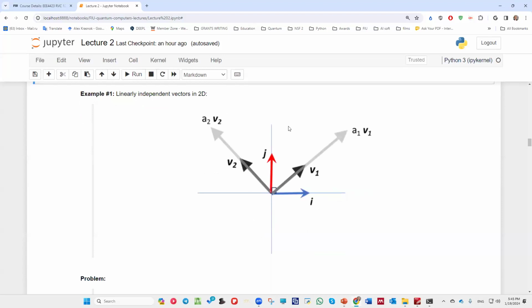For example, coming back to this two-dimensional xy space, right, I can consider this i and j as the set of linearly independent vectors, but I can also rotate the space or rotate the vectors and consider the other two, like v1 and v2. And these vectors also are orthogonal, and they also are linearly independent. Okay.